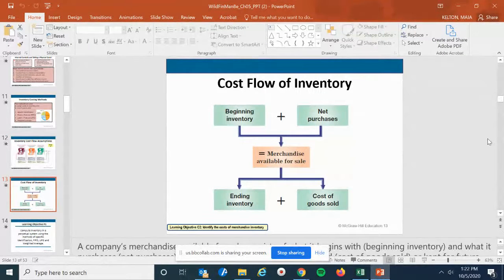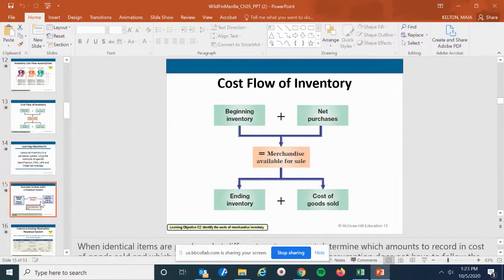Net purchases are gross purchases minus discounts, minus returns, minus allowances, plus freight. The sum of the two is what we called in chapter 4 merchandise available for sale, or inventory available for sale, or goods available for sale. Once we have that calculated, if we are given the ending balance in inventory, we can simply calculate the cost of goods sold. So if we know how much we had available for sale and how much is left, then the cost of goods sold should be the difference.